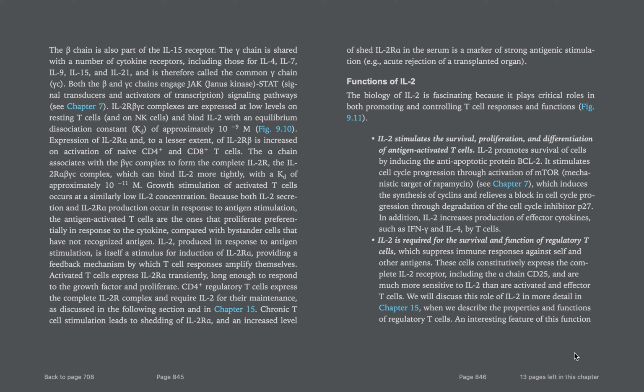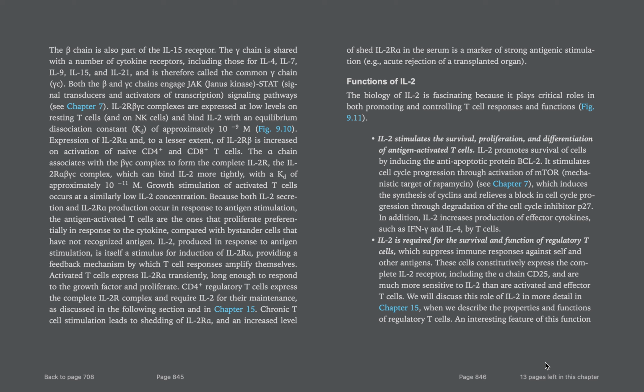It stimulates cell cycle progression through activation of mTOR, the mechanistic target of rapamycin, which induces the synthesis of cyclins and relieves the block in cell cycle progression through degradation of the cell cycle inhibitor. In addition, interleukin-2 increases the production of effector cytokines, such as interferon gamma and interleukin-4, by T cells.